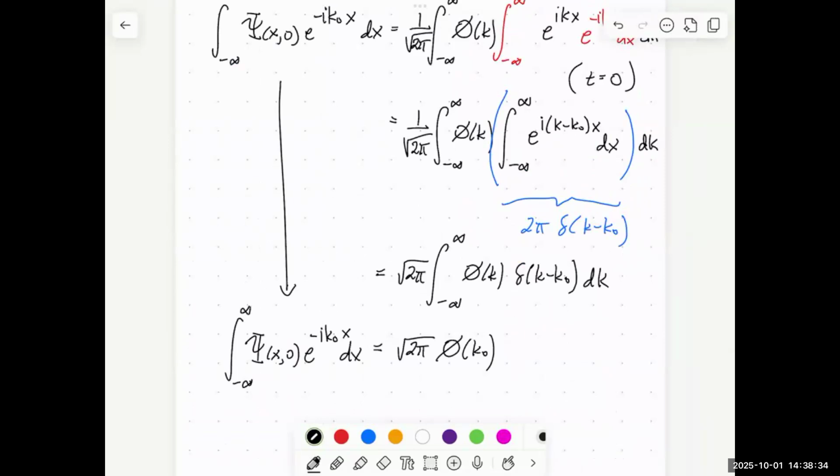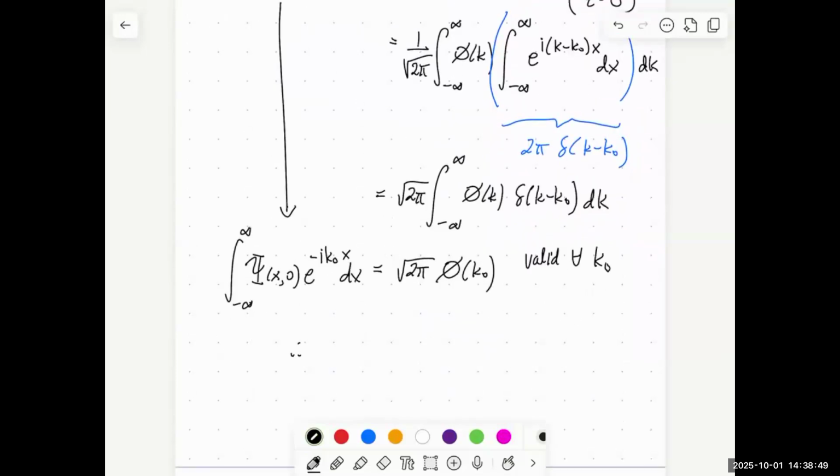Now, this result holds for any k0. I put in a constant, but I could have chosen that constant to be anything. So this is valid for all k0. And so therefore, we would have the integral from minus infinity to infinity of phi of x0 e to the minus, this is valid for any k, so I'm just going to write it as k, is equal to phi of k.